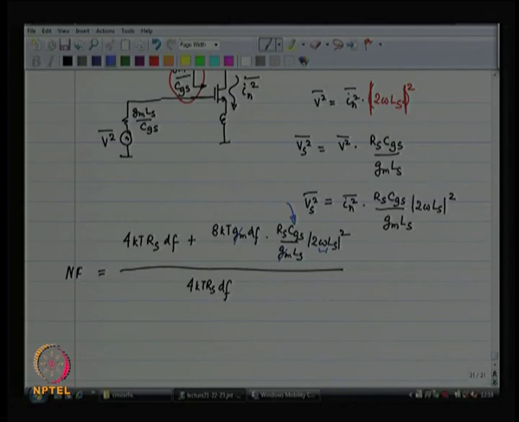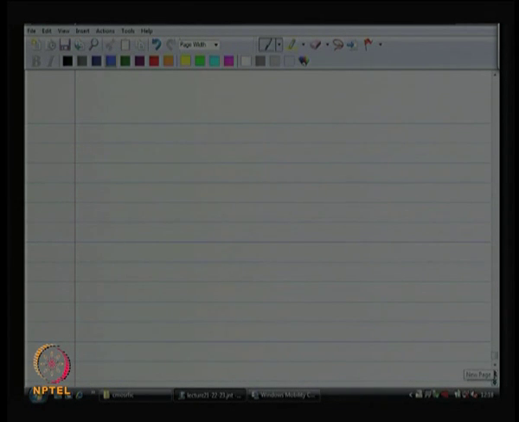So, this kind of completes our understanding of the tuned low noise amplifier. So, this is how we normally design a tuned low noise amplifier. You start off with a certain current that has been given to you, and given that amount of current you first figure out what should be the transconductance, what should be CGS of your device.